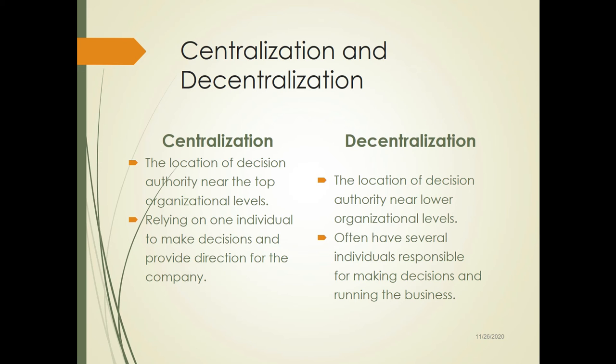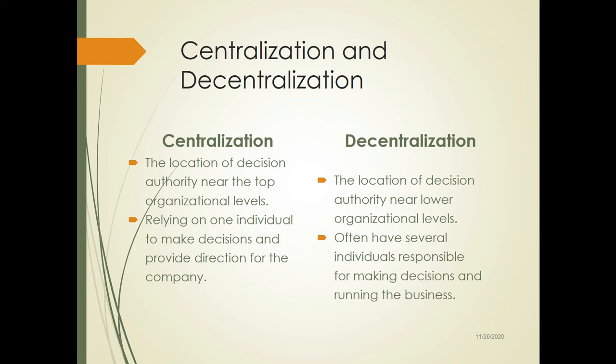On the other hand, when we speak of decentralization, the location of decision authority is near the lower organizational levels. So often there are several individuals responsible for making decisions and running the business. In here, maybe the manager or the supervisor can make decisions already.